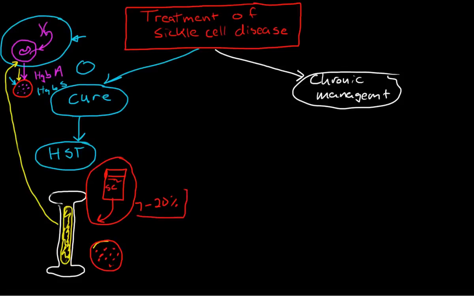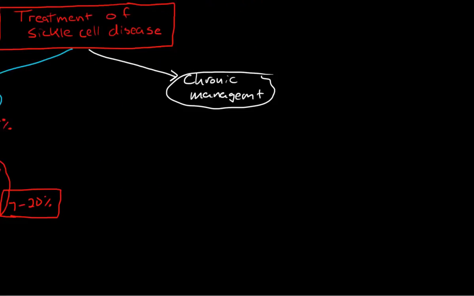So this is something to consider very carefully, and it's only available to patients that have healthy siblings. So about 25% of sickle cell patients can receive it. So cure is an option that's only available to a minority of patients.